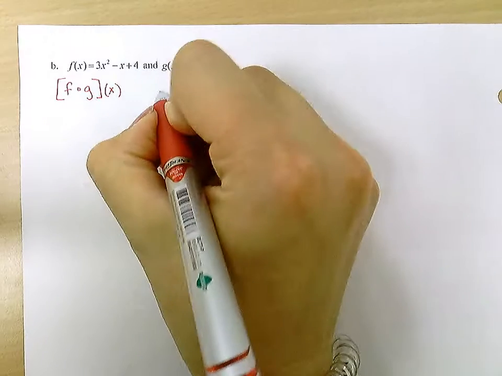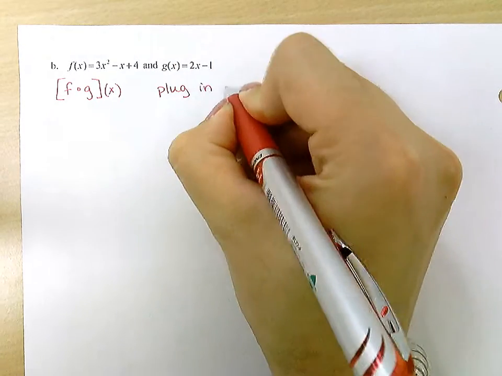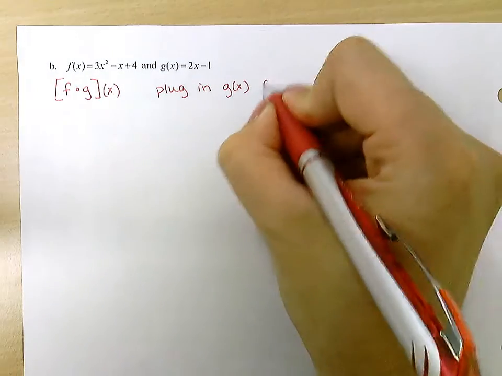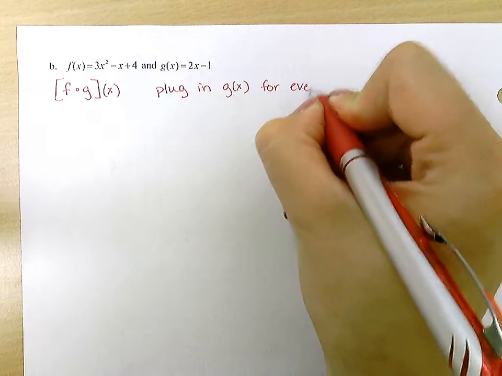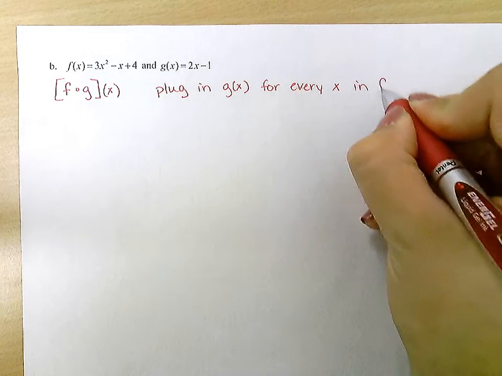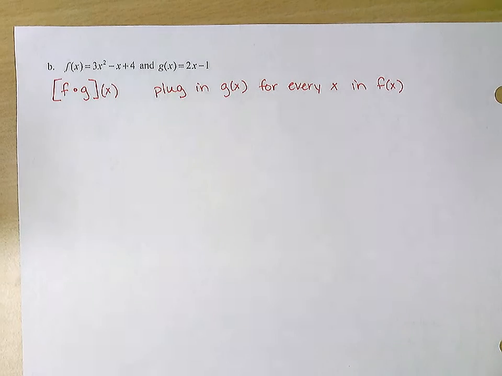So in words, we want to plug in g of x for every x in f of x. So you're plugging 2x minus 1 for each x value in f of x.